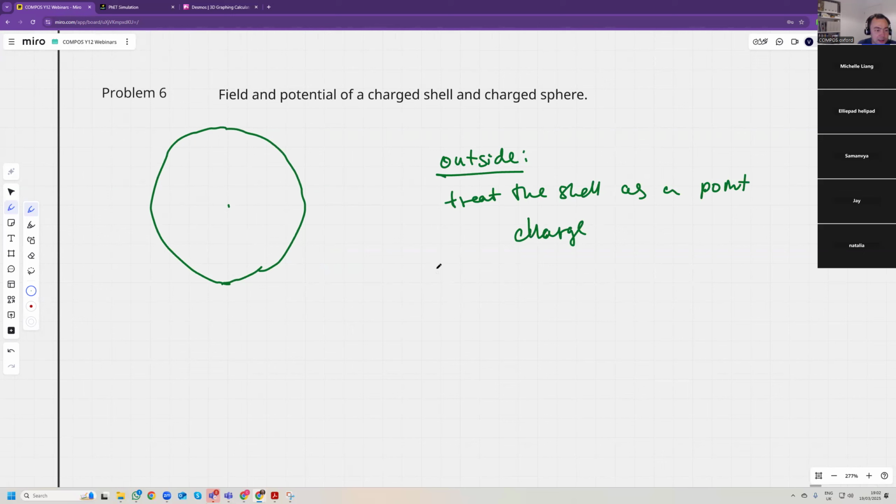That means the electric field is Q, where Q is the charge on that shell, divided by 4 pi epsilon naught r squared. And the potential, we already know, is Q divided by 4 pi epsilon naught r.